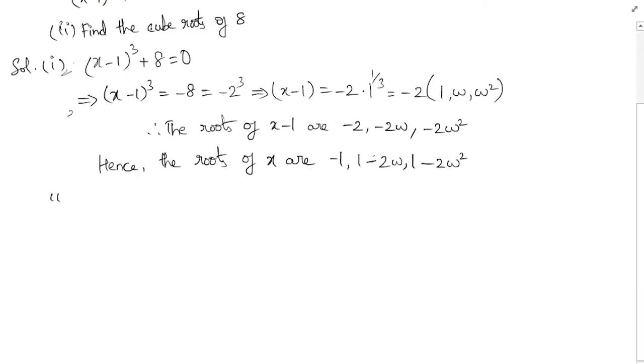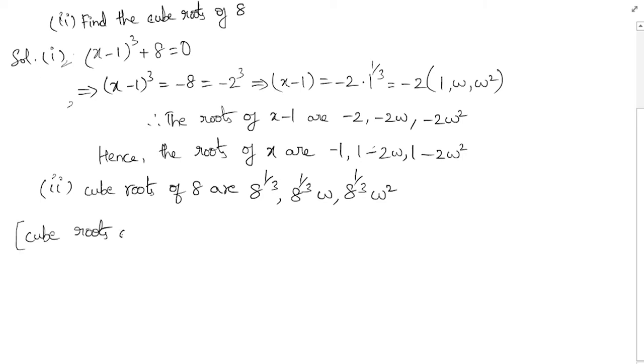Okay. So now we'll find the solution for the second bit, that is, find the cube roots of 8. So the cube roots of 8 are 8 power 1 by 3, 8 power 1 by 3 omega, 8 power 1 by 3 omega square.